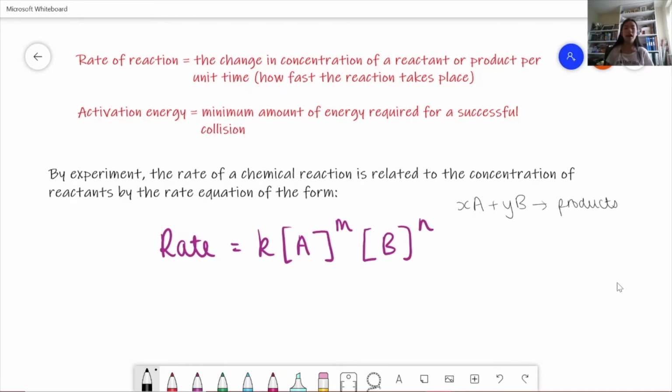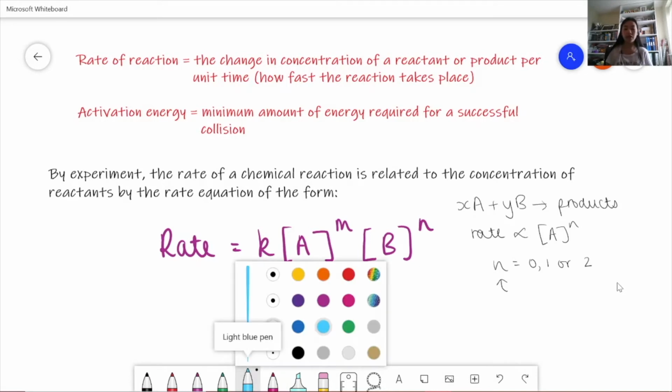And so what we have is actually that the rate is directly proportional to the concentration of A to the power of n, where n is equal to 0, 1, or 2. And this power we call the order of reaction.